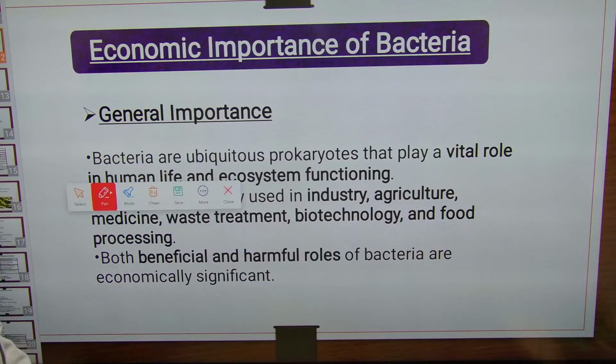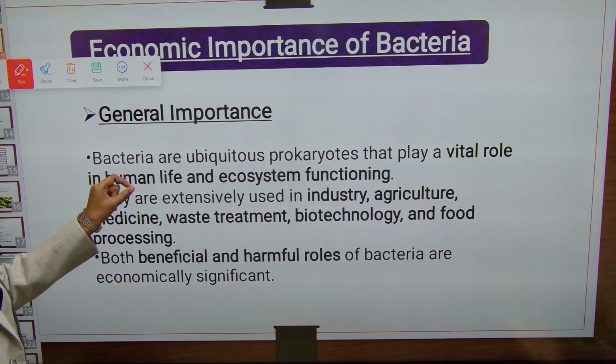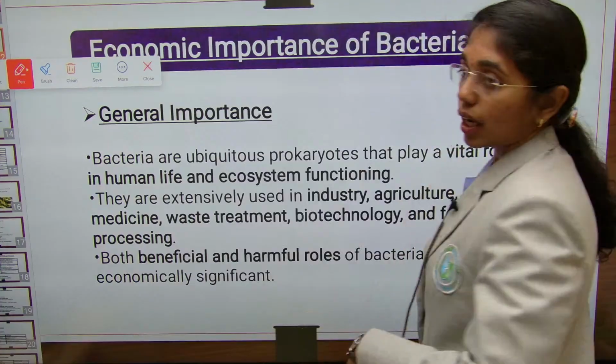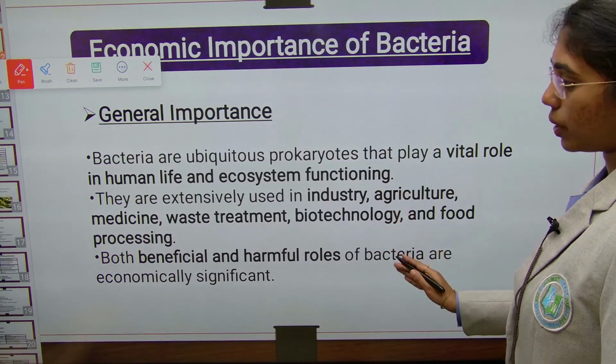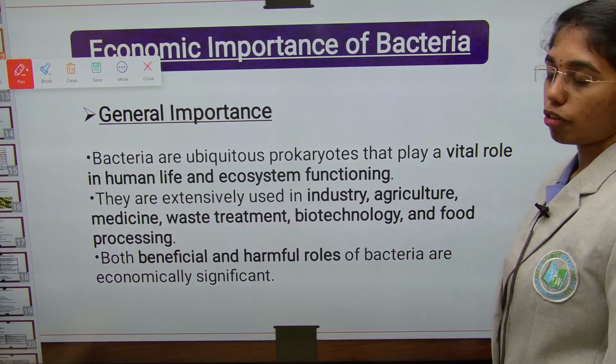General importance. Bacteria are ubiquitous prokaryotes that play a vital role in human life and in ecosystem functioning as well. They are extensively used in industry, agriculture, medicine, waste treatment, biotechnology and food processing. We have both beneficial and harmful roles of bacteria.